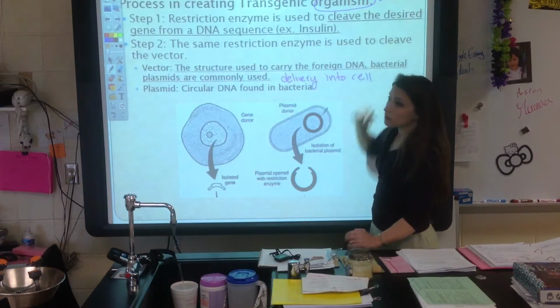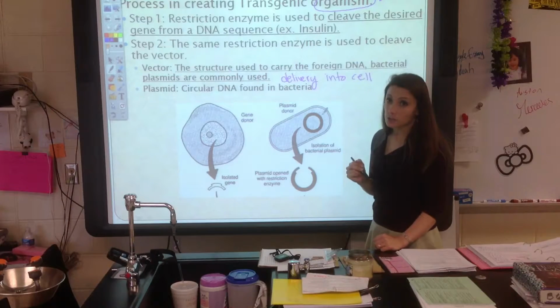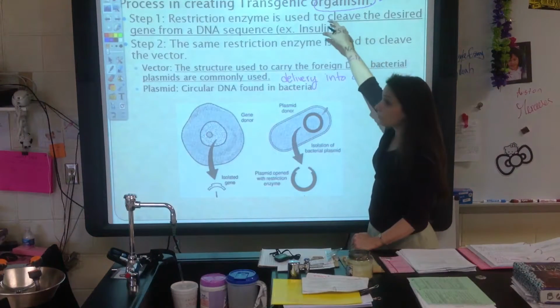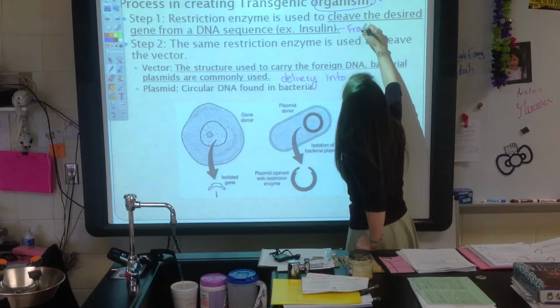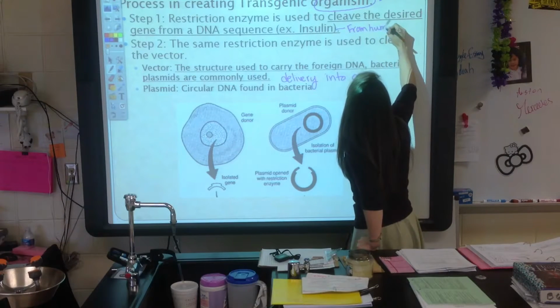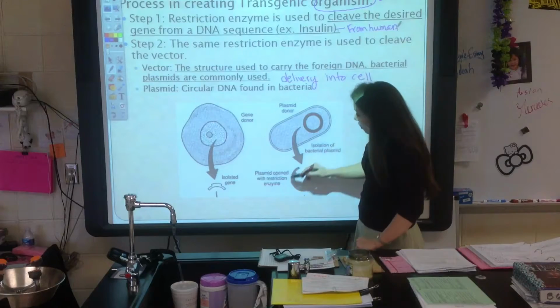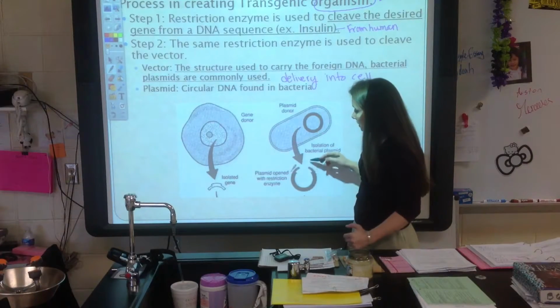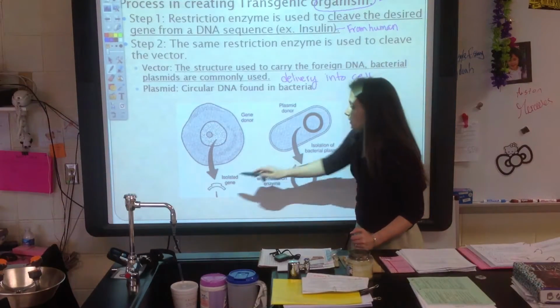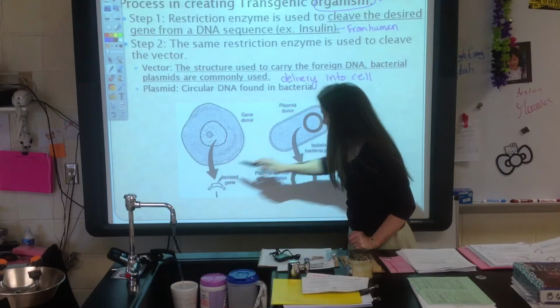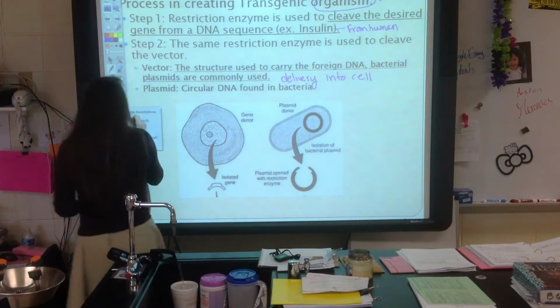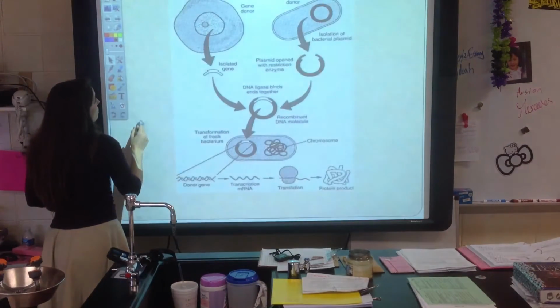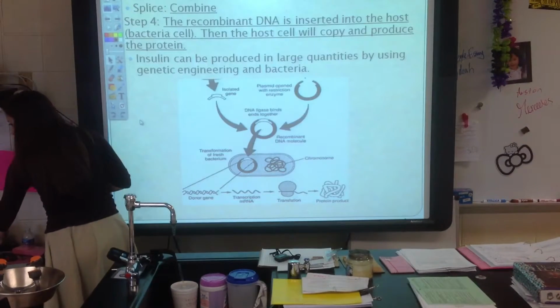So remember, we're most successful at genetically engineering bacteria. We cut out the gene that we want, for example, insulin from a human. We cut open the plasmid. This is going to be our delivery vehicle. This is how we put the gene we want into the vector. And then we have to put the vector into the host cell.